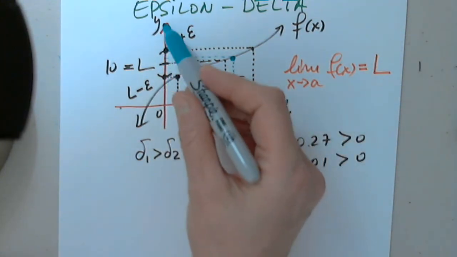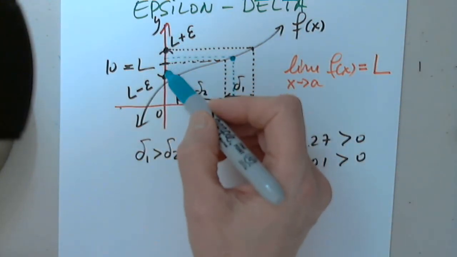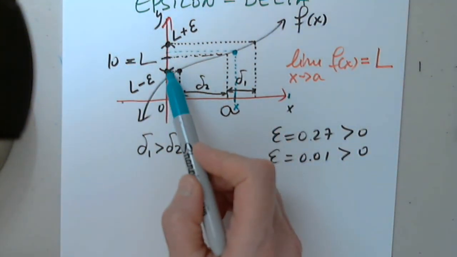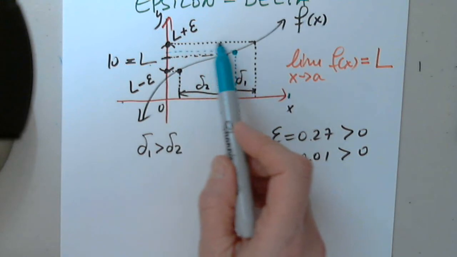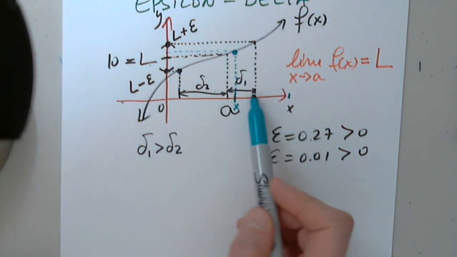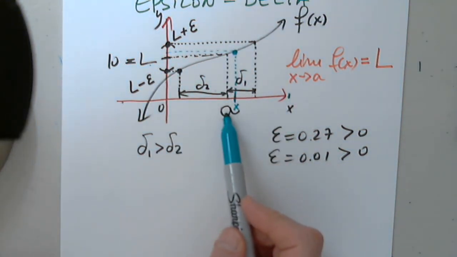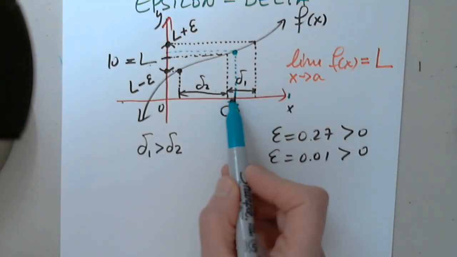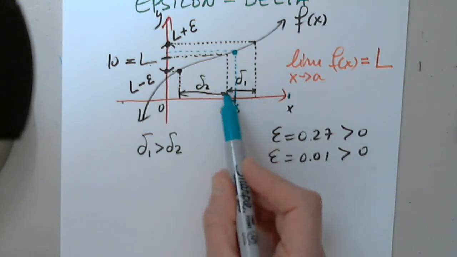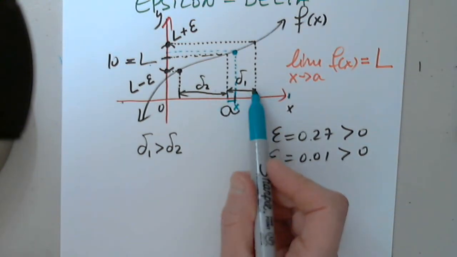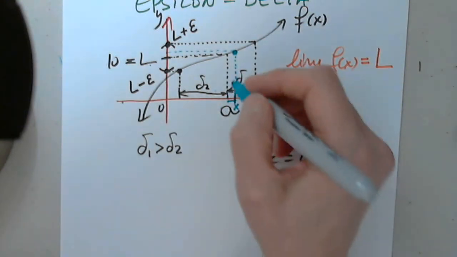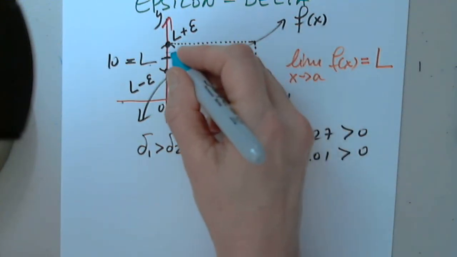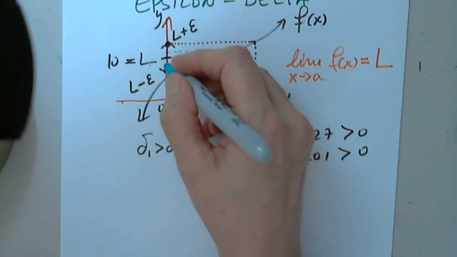It will not fall below or above this interval. One more time. For every epsilon near L, I will find the corresponding delta near A, such that every time I pick x with a distance from A smaller than delta, not bigger than delta, then the function value will fall in the interval near L.